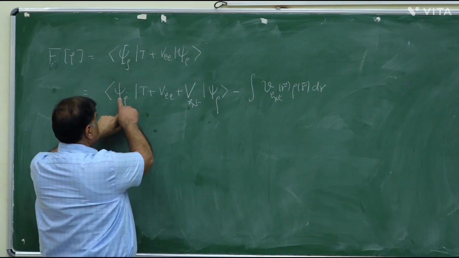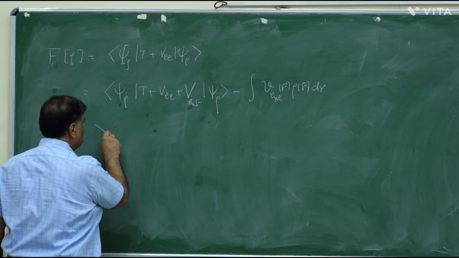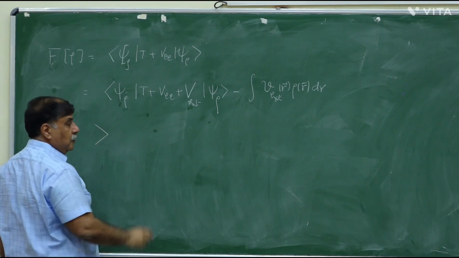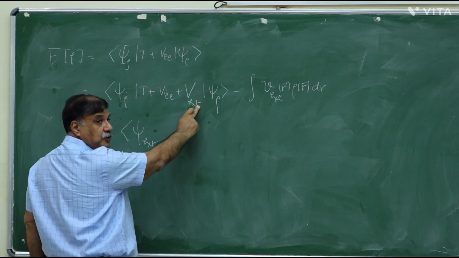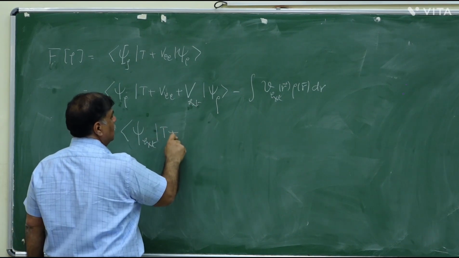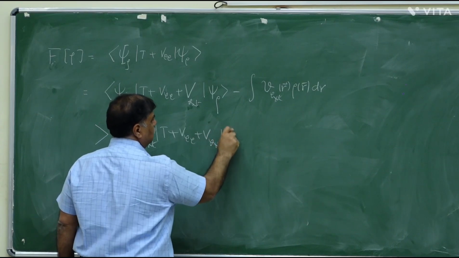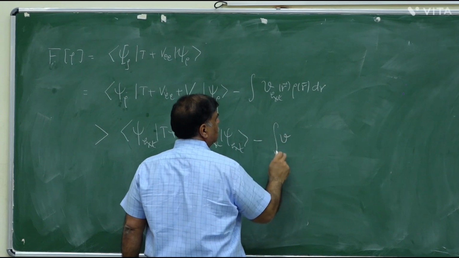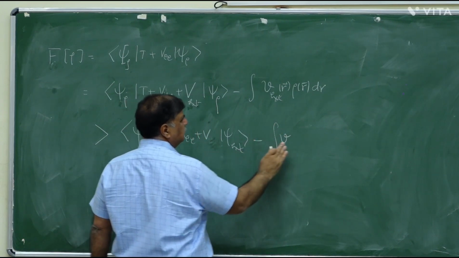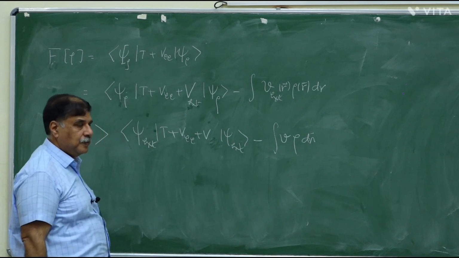This is corresponding to some arbitrary potential, and this is corresponding to this rho. So this psi is not a wave function for this. So this is necessarily going to be greater than the true psi corresponding to this, T plus VEE plus V external, psi V external, minus integration. Now I'll just call it V, rho. Agreed?